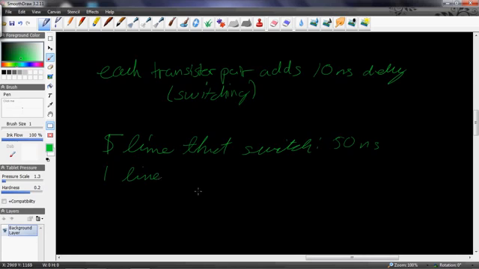Now even though in the real world you would have to delay for this, the simulator, because it's not very good, showed a switching time of 10 nanoseconds. And normally this would not be true, it would actually be closer to the 50, maybe a couple nanoseconds shorter or longer, but it'd be pretty much the same.